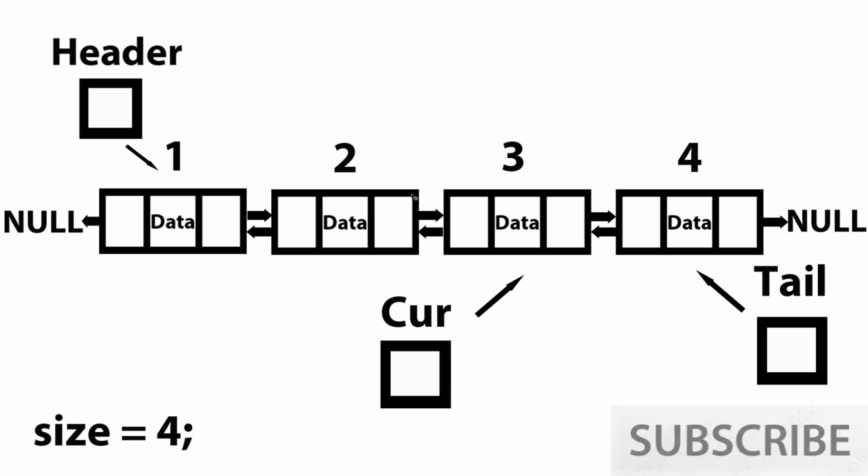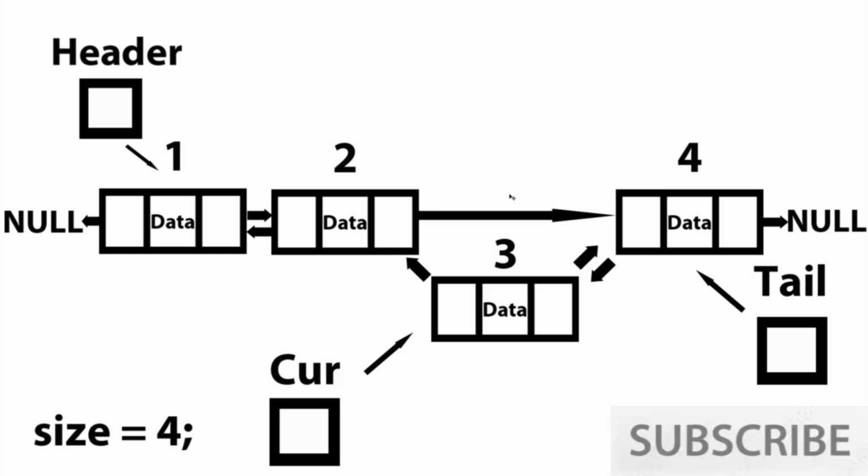Now, what do I want next to point to? I want next to point to 4. So who has a pointer to 4? Current arrow next points to 4. So now I could just say current arrow prev, arrow next points to current arrow next. Now that would give me something like this.